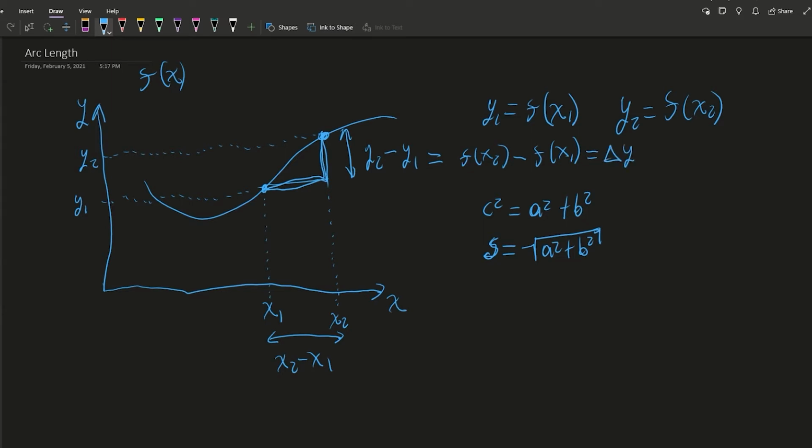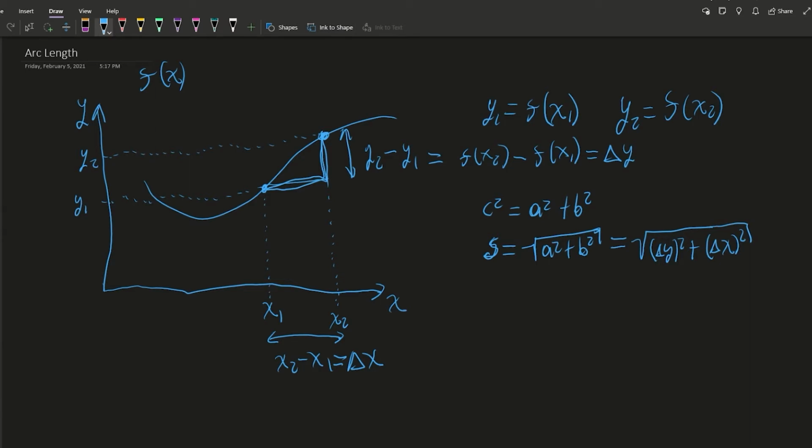So it's not two things, it's one thing, just delta y. Similarly here, I want to call this delta x. So it's the difference, right? And so I can plug these numbers in. Again, it doesn't matter which one is which. I'm just going to say that a is delta y squared plus delta x squared.